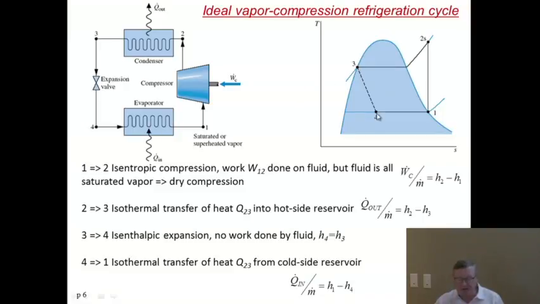So H3 equals H4, and nothing happens there. No work, no heat. And then we have Qin over m dot, that is the heat that you're going to be able to take out in the evaporator. That is the useful quantity that we want for a refrigeration cycle: cold. So it's Qin over m dot, and that is H1 minus H4.